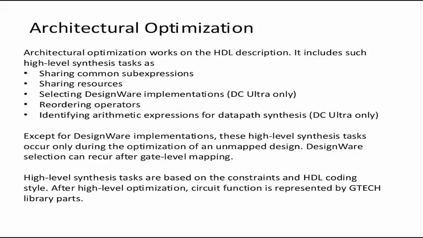So except for designer implementation, all these tasks occur only during the optimization of an unmapped design. This is the important part here, unmapped design. What unmapped means is that still at this level, DC has not started selecting the technology library that we specified yet. We are working still at the GTech level. The mapping has not occurred. A netlist that consists of GTech parts is called an unmapped netlist.